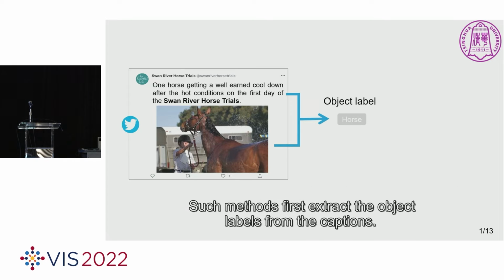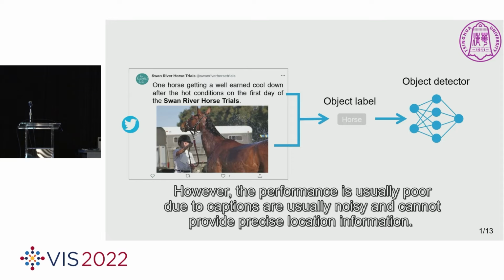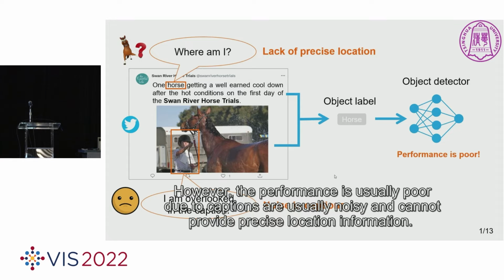Such methods first extract the object labels from the captions. Then the labels are used as supervision to train detectors. However, the performance is usually poor because captions are noisy and cannot provide precise location information.